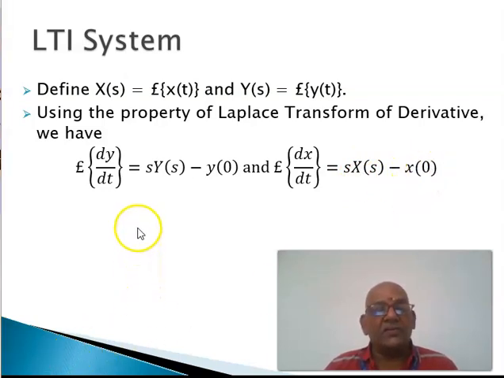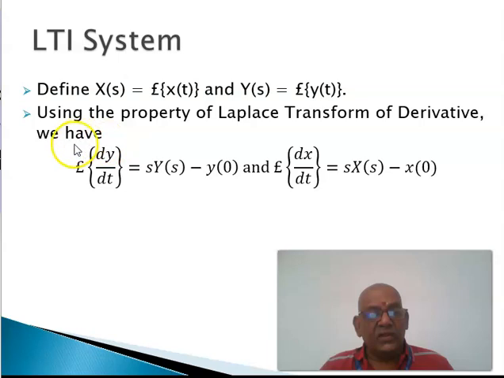Thus, in a sense, we may say differentiation in time domain may be considered as multiplication with s in Laplace domain. Of course, you have a minus y at time t equal to 0. Here also you have minus x at time t equal to 0.